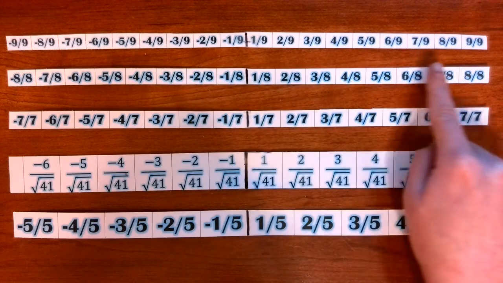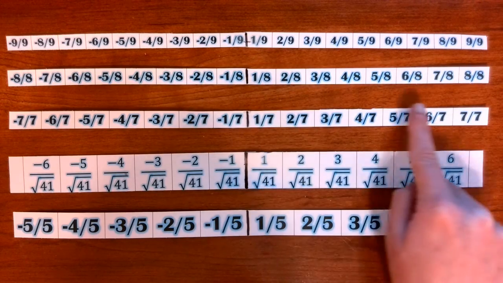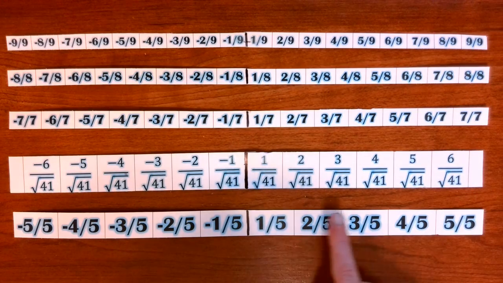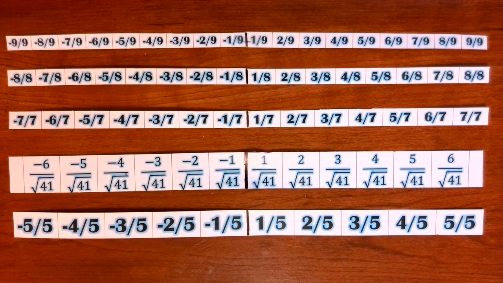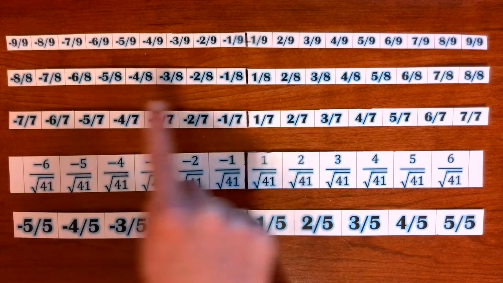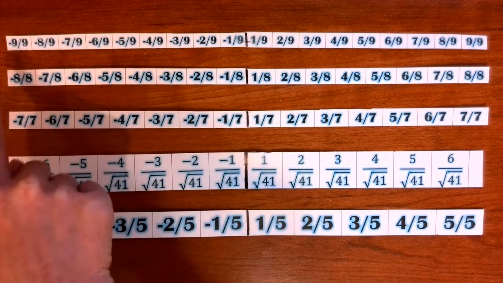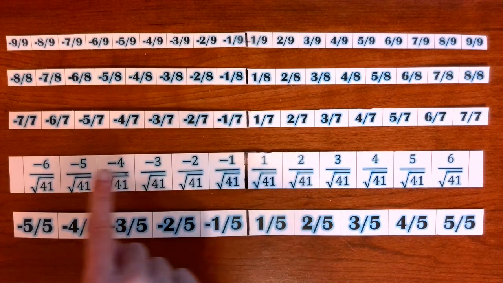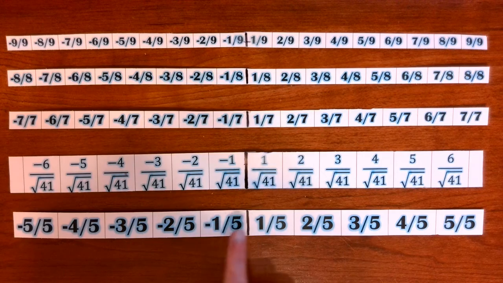This is 1. This is 1. This is 1. And this is 1. Additionally, this is negative 1. This is negative 1. This is negative 1. This is negative 1. And this is negative 1.